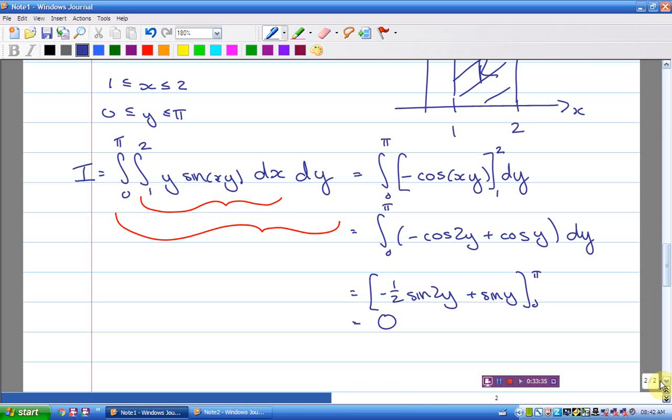If I differentiate minus cos xy, chain rule says I have to differentiate the outside function first, so I'll get sine xy. But then I still need to multiply by the derivative of the inside function, so I need to multiply by y. And that's the story of that y. That y is the consequence of carrying out chain rule on that thing over there.